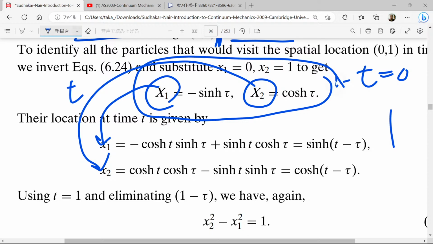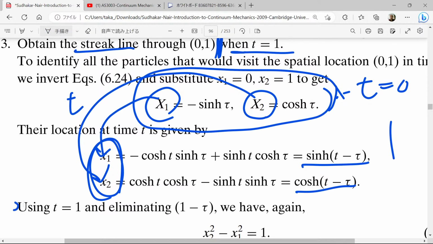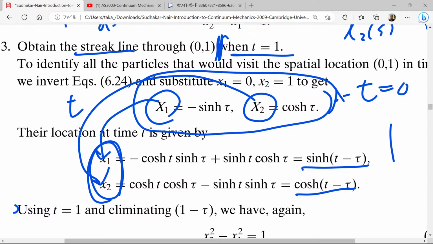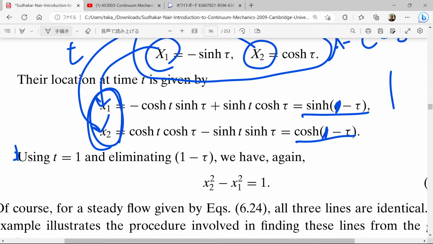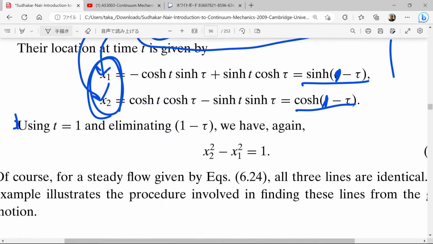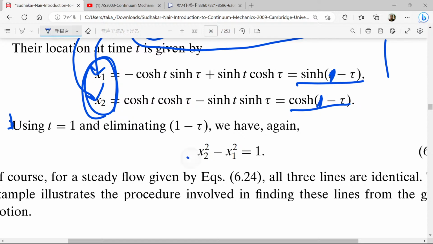So this particle at t equals 0 moves to this new point, which is given by this and this. But in this particular case, we need the streak line when t equals 1, so we put 1 here. Then we want to eliminate tau. If we eliminate tau, we obtain this curve.